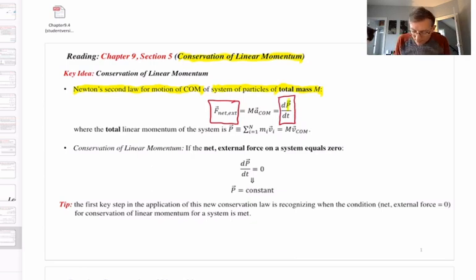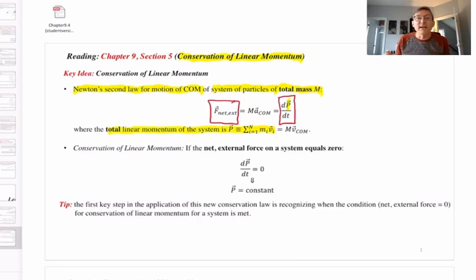Capital P arrow is the total linear momentum of the system. It is the sum of the linear momentum of all of the individual particles. You have n particles. You take the mass of each particle times the velocity vector of each particle, and you get the linear momentum of that particle. You add up all n of those linear momentum vectors, and you get the total linear momentum of the whole system, capital P.